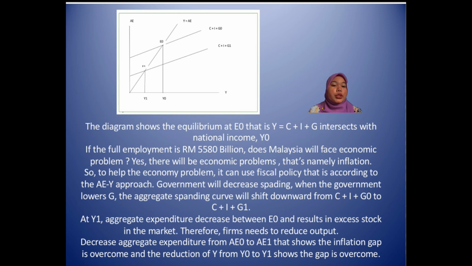Therefore, firms need to reduce output, decreasing aggregate expenditure from AE0 to AE1. That shows the inflationary gap is overcome, and the reduction of Y from Y1 to Y0 shows that the GNP gap is overcome.